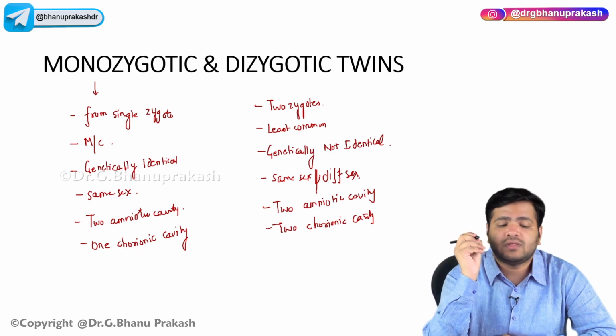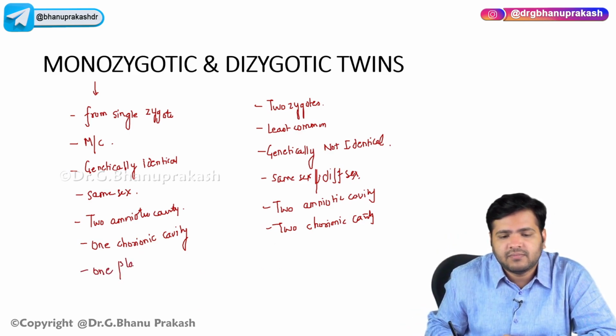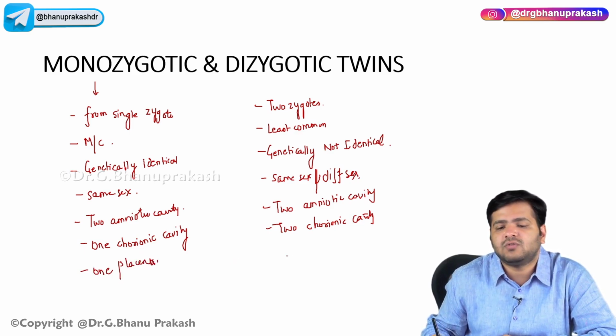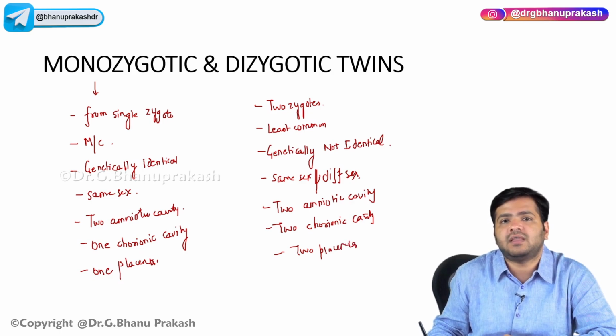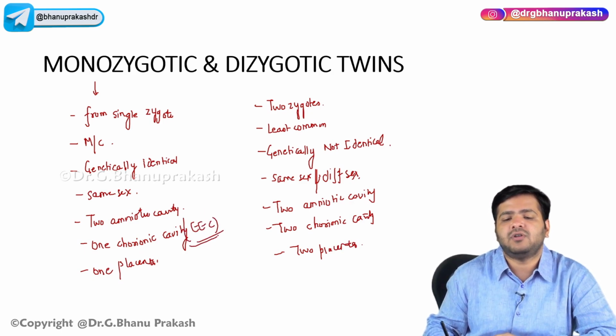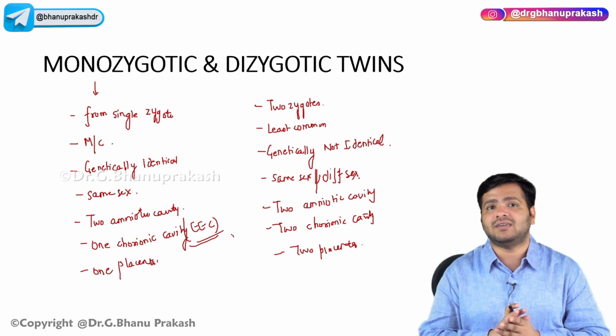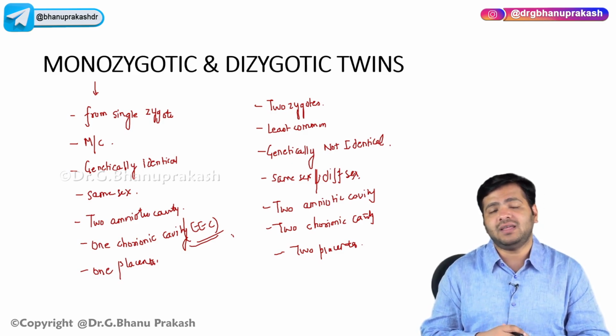The monozygotic twins have only one placenta, and the dizygotic twins have two placentas. Now, when I say chorionic cavity, you already know it is the extra embryonic coelom. So one in the case of monozygotic, and two in the case of dizygotic twins.